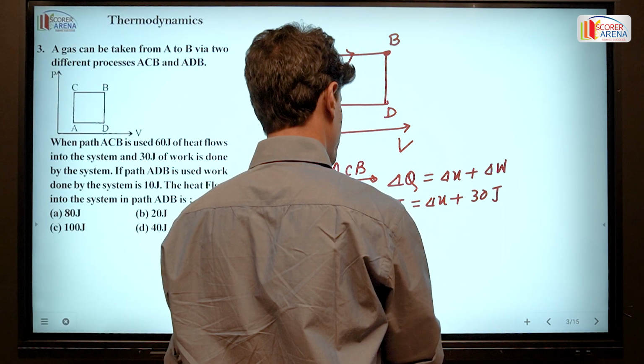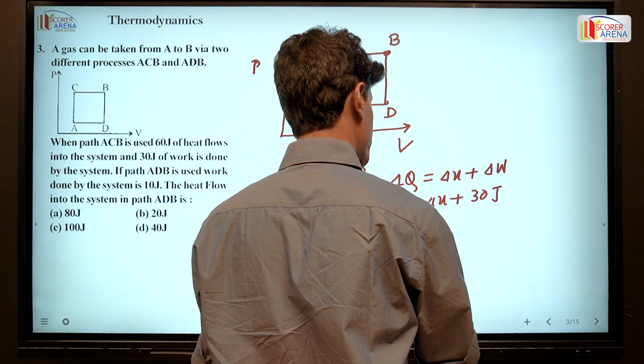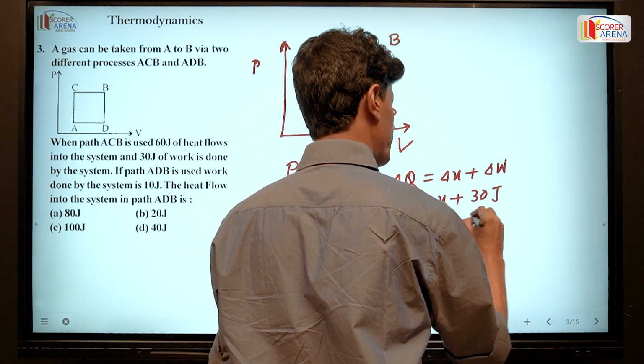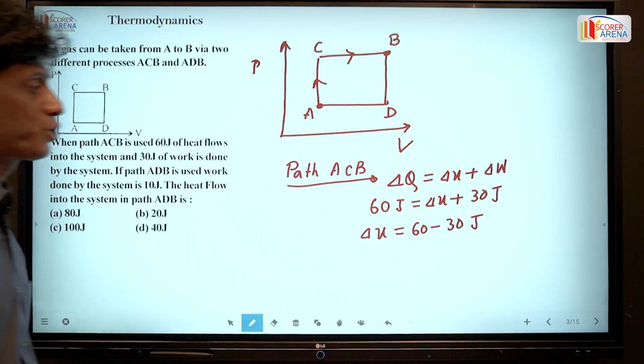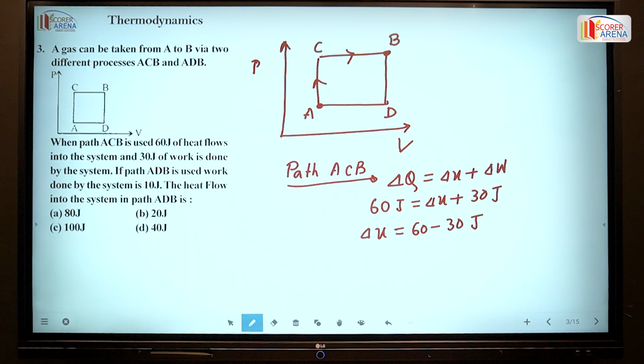So the change in internal energy is 60 minus 30 joule between the two states A and B.